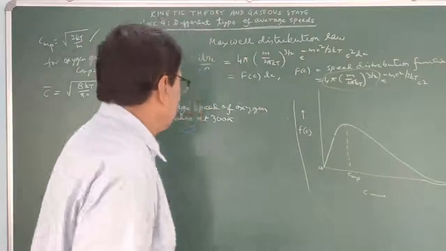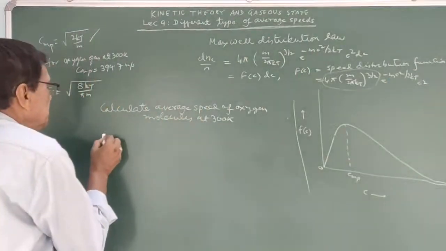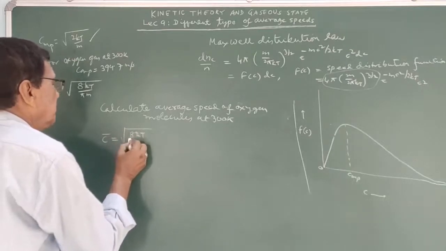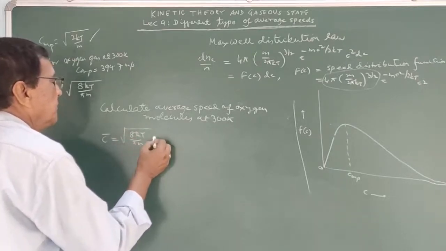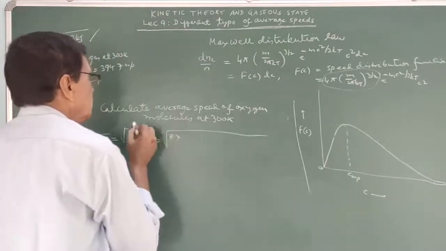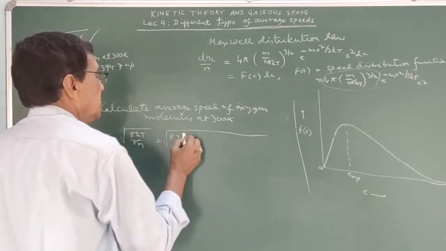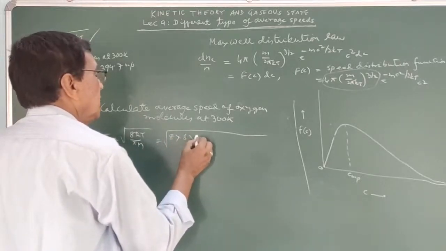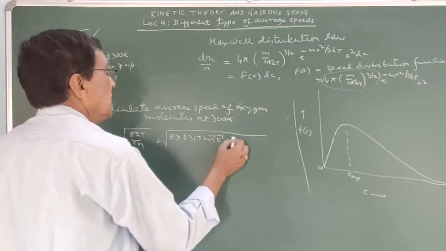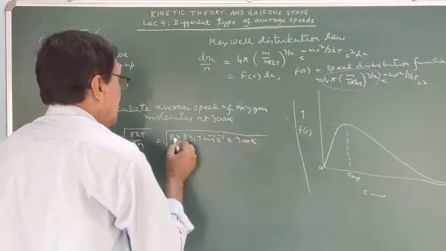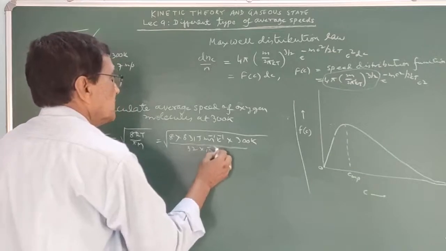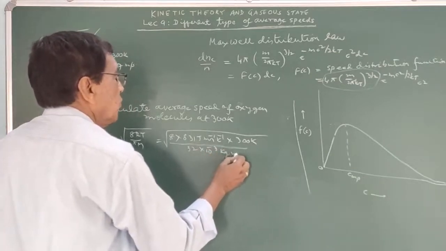In this case, C bar is equal to 8RT by pi capital M. So here 8 into, instead of R, 8.31 joule mole inverse Kelvin inverse, into temperature 300 Kelvin, divided by 32 into 10 to the power minus 3 kg mole inverse.